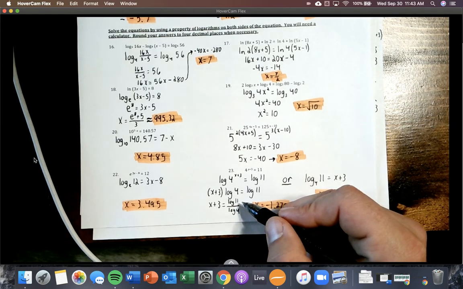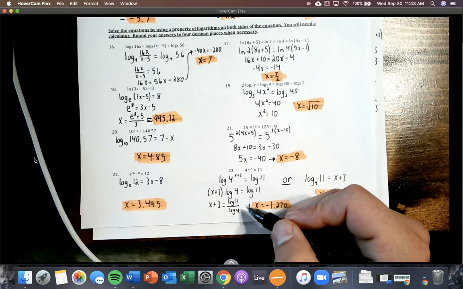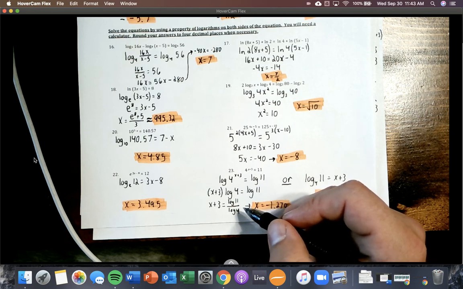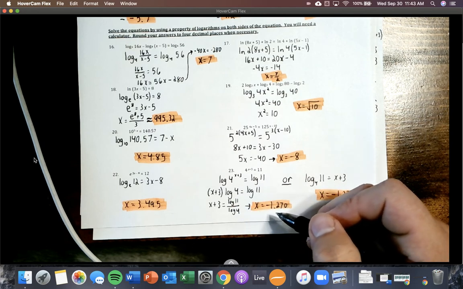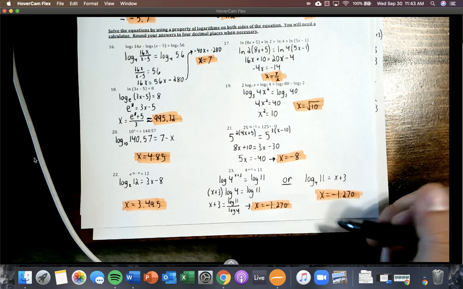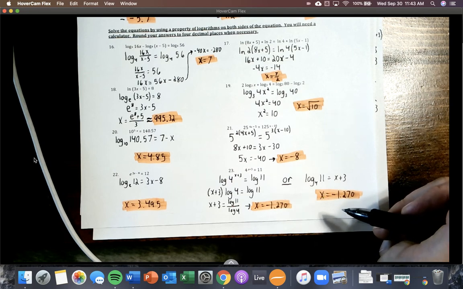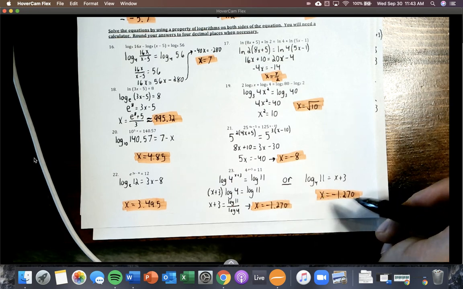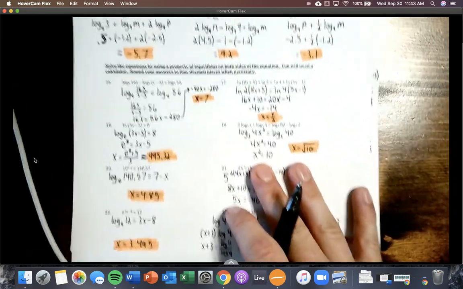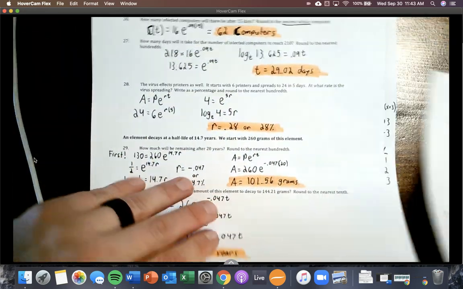So it becomes log 11 over log 4, which we can just plug into our calculator. Then we can subtract 3. But either way you do it, you're going to get negative 1.270.